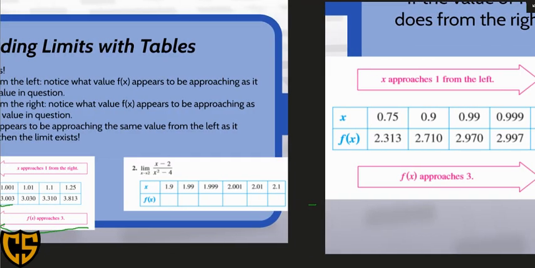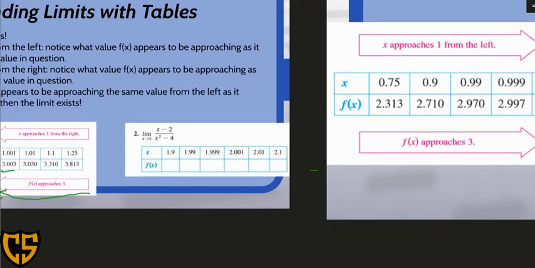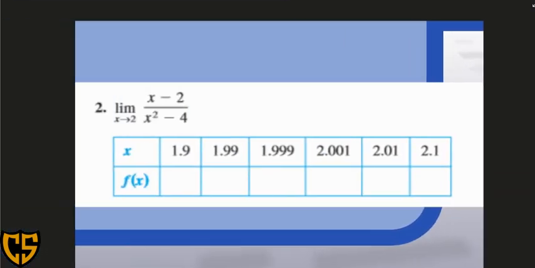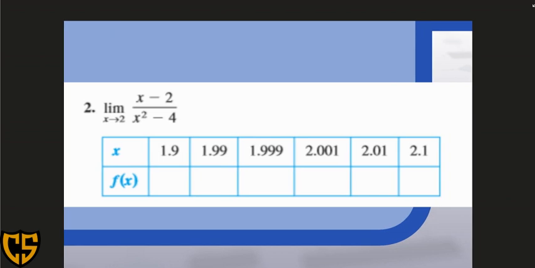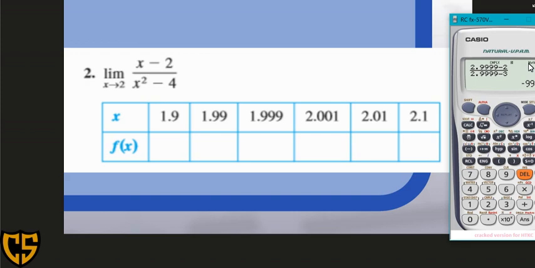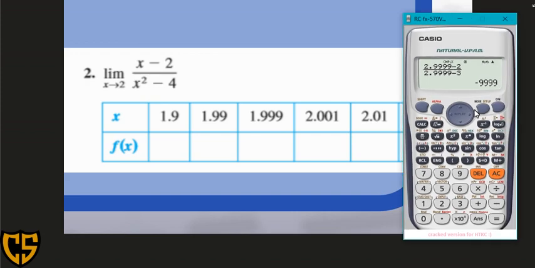Okay, so next we have, what if we are given this equation? We have the limit of x minus 2 over x squared minus 4 as x approaches 2. So we need to fill in the answers.